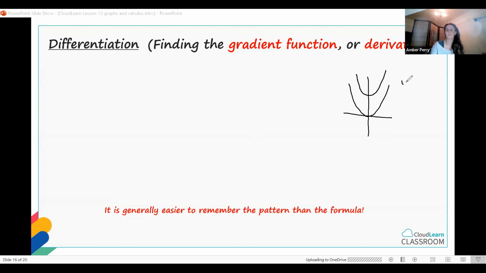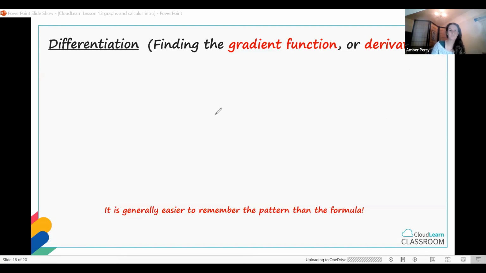So y equals x squared and y equals x squared plus 2, this number here doesn't make any difference to the shape of the graph. So it's not going to affect the gradient in any way, okay? So it doesn't matter, just a constant, just a number like that on an equation, the derivative of that is just 0, okay? The gradient is only affected by anything with x in it, okay? So we only need to worry about differentiating anything with x in it.